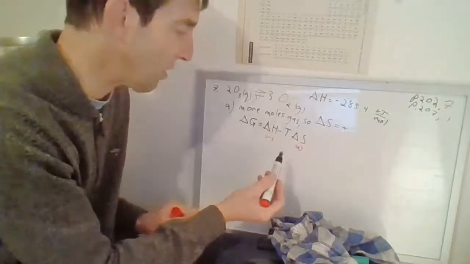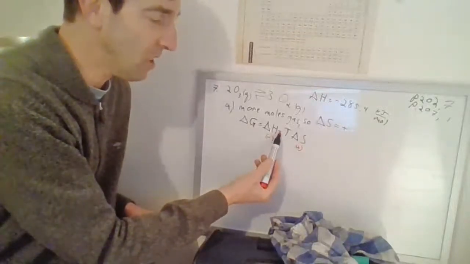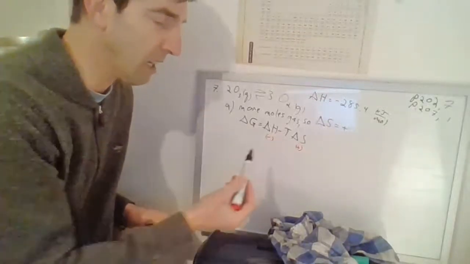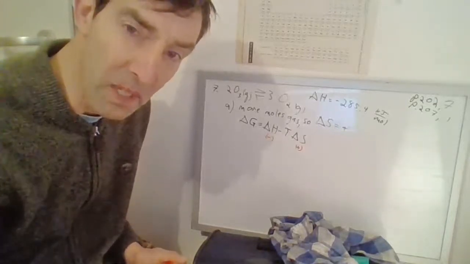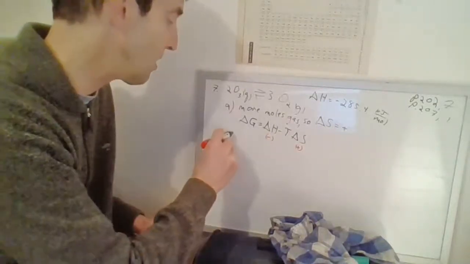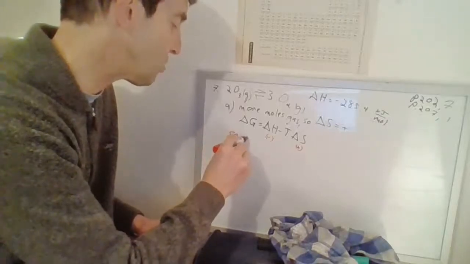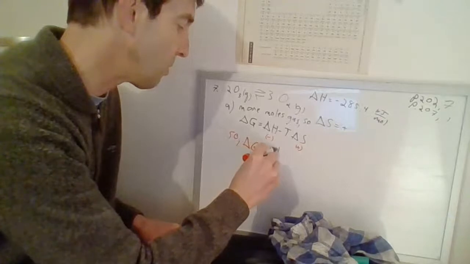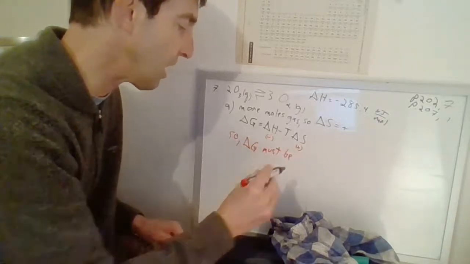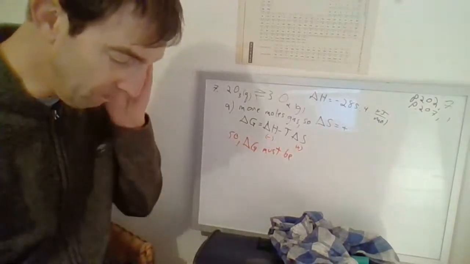Oh, but check this out. I got a minus in the equation, so I got negative and negative. So gang, let's see if you can figure out the math. What's the sign have to be on delta G? We don't need the amount yet, we need the sign.